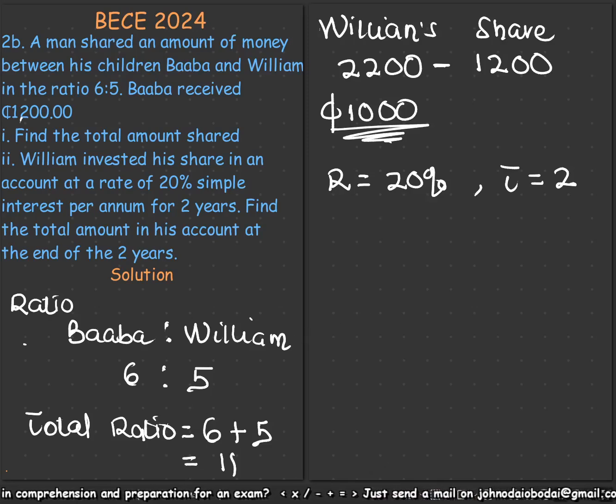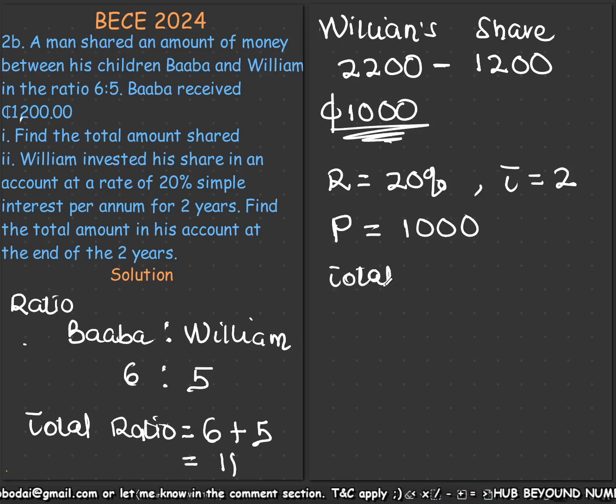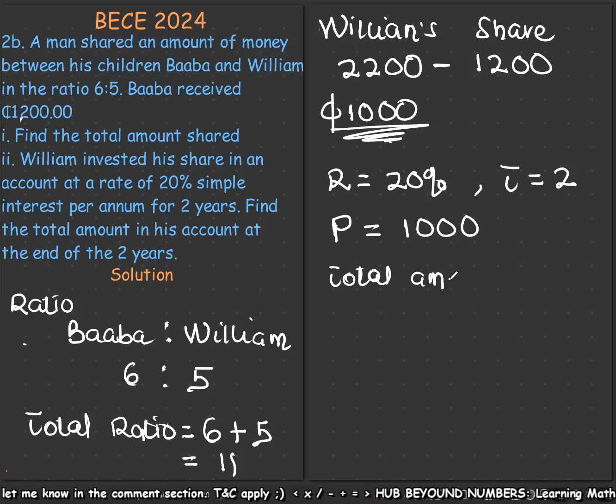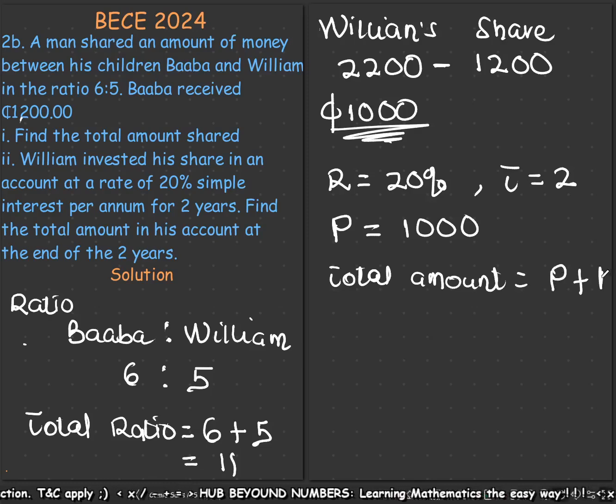And remember, in simple interest, how much you are investing is what we call the principal. So principal now is 1,000. That was his share we calculated over here. So the total amount after 2 years is going to be his principal plus his interest.